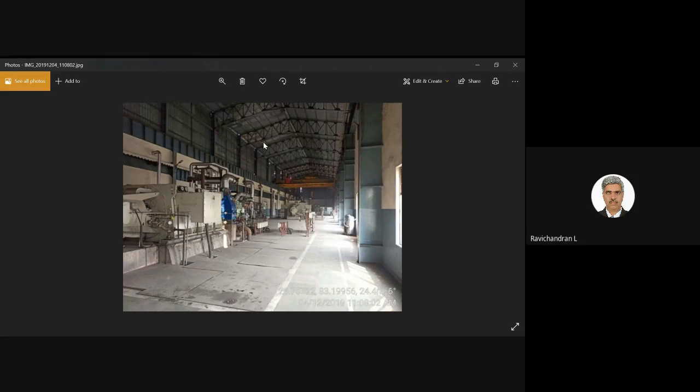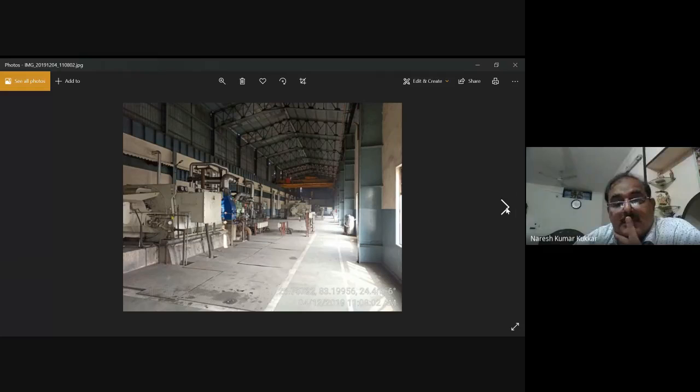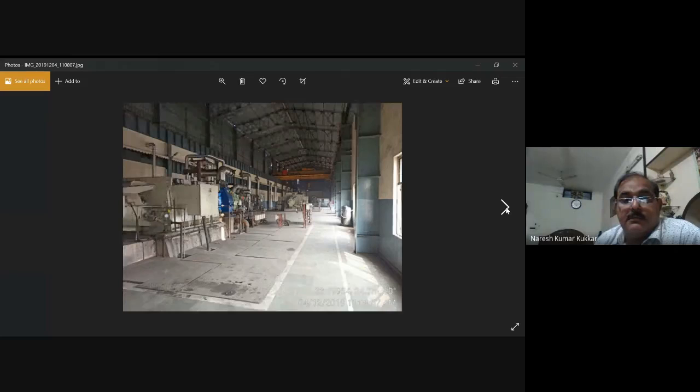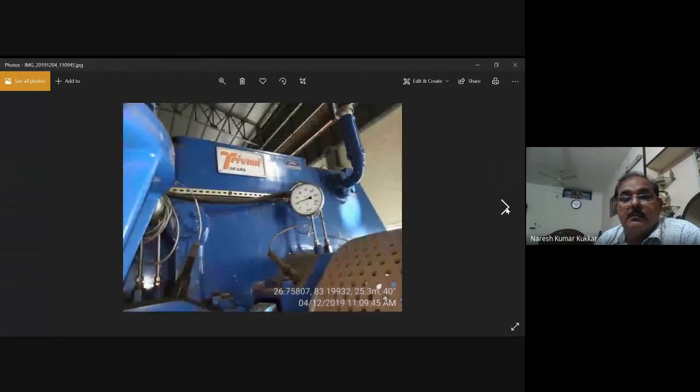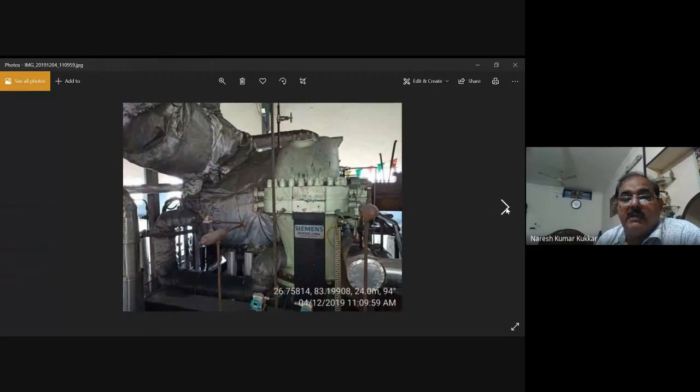Any idea? Looks like a steel plant. But no, not steel, it's a photo of turbines. Okay. These two are turbines. This is one turbine, and that one is the second turbine.